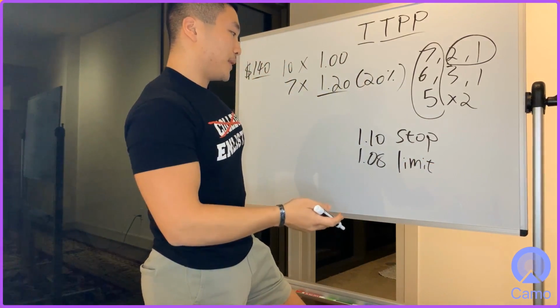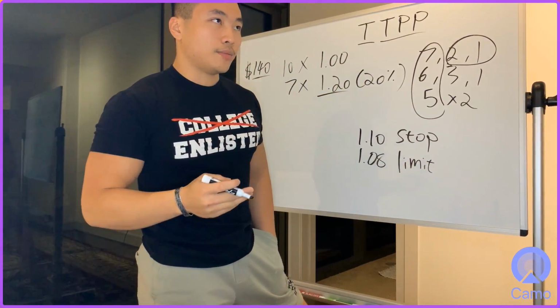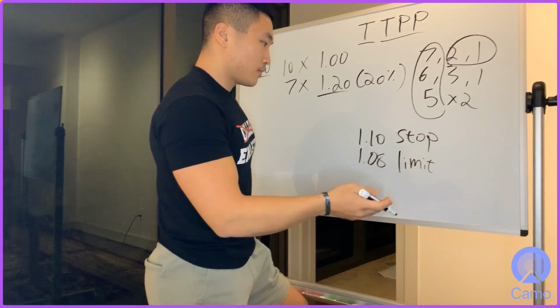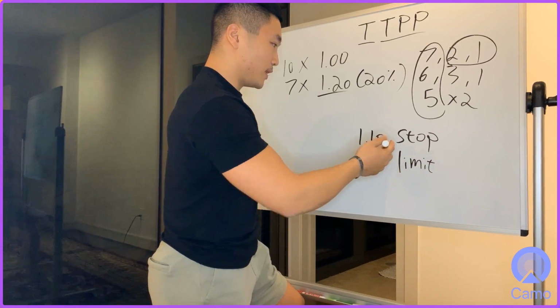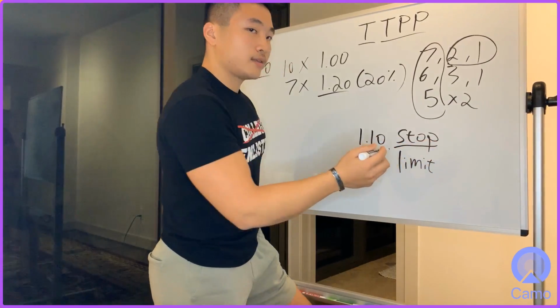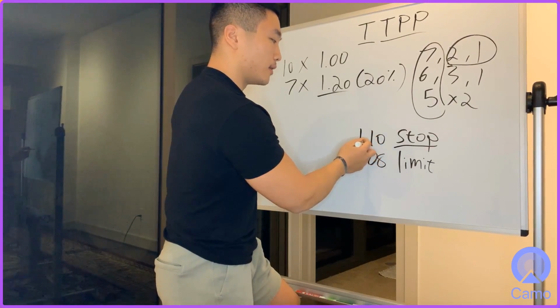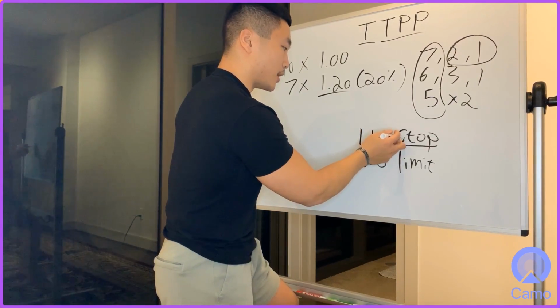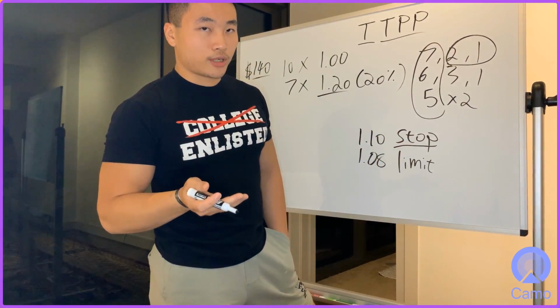Why? Because sometimes when it drops, it reaches the stop price, and if you put the same limit as the stop, sometimes it won't trigger.